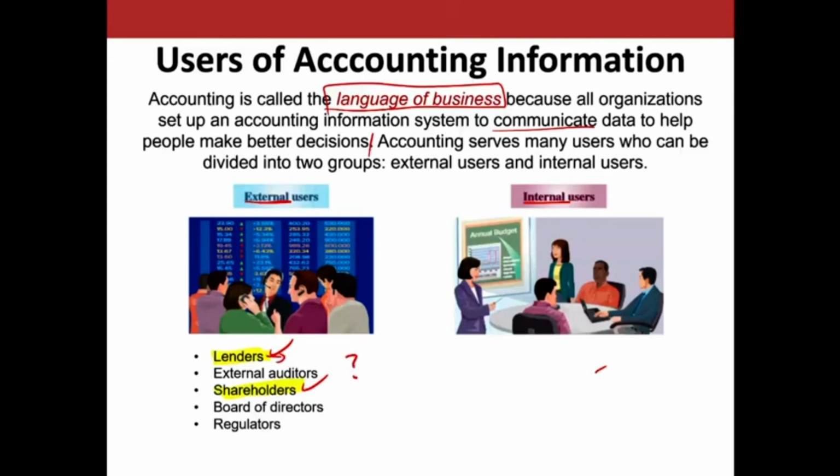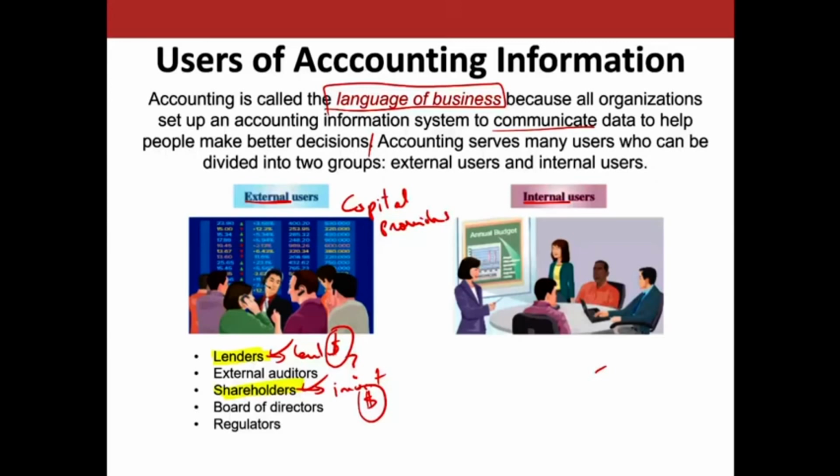Because lenders lend you money, shareholders invest money. Both of these groups provide what we call capital. They are capital providers, and this is important because without them, we can't survive as a business. Therefore, accounting information mainly targets those two groups.